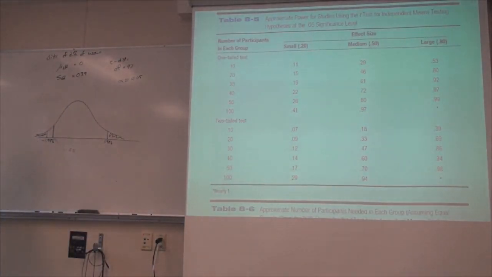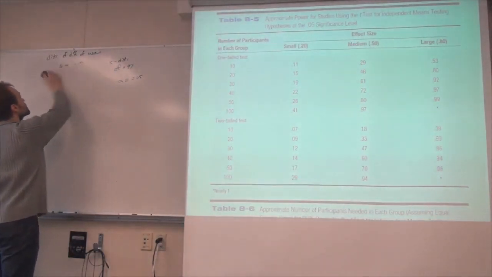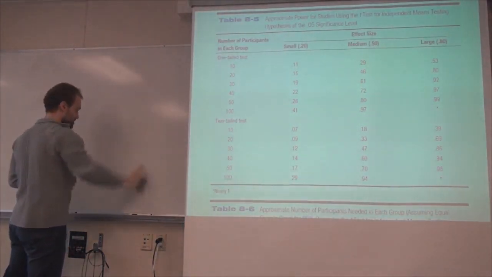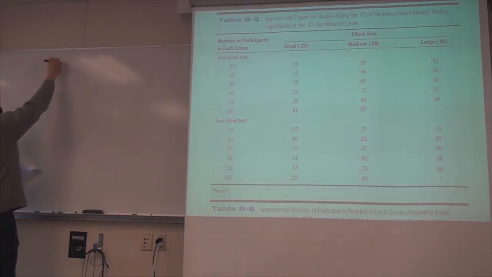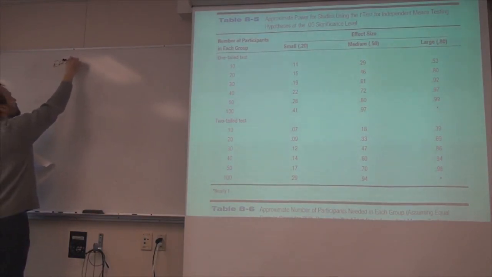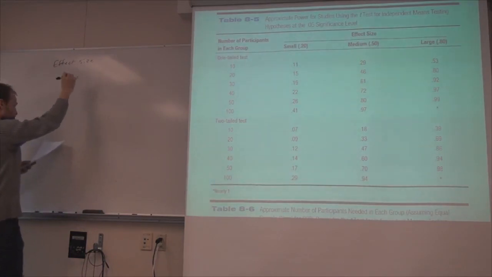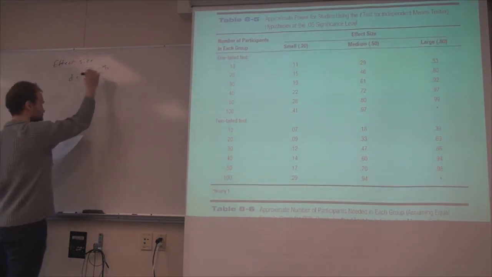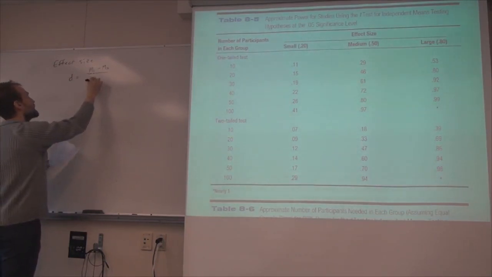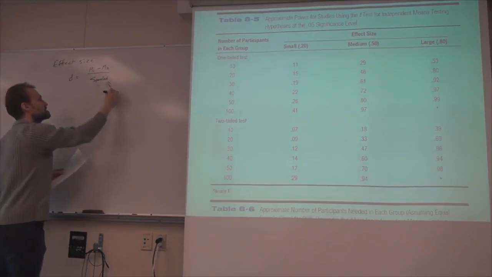It turns out that, let's just do the effect size first, before I forget. The effect size is what you might suspect. Effect size, D. So it'll be the difference between the two means divided by the standard deviation of the population.